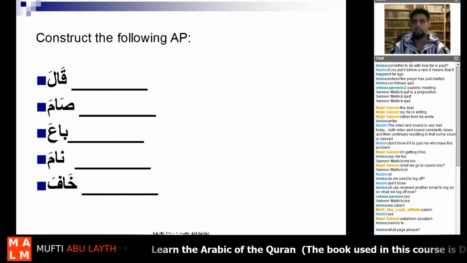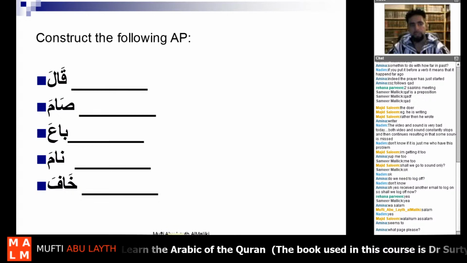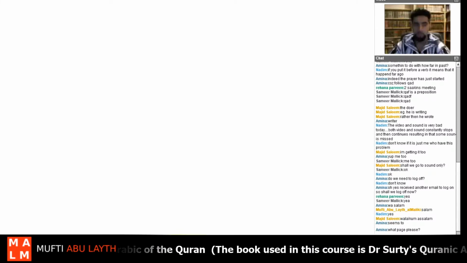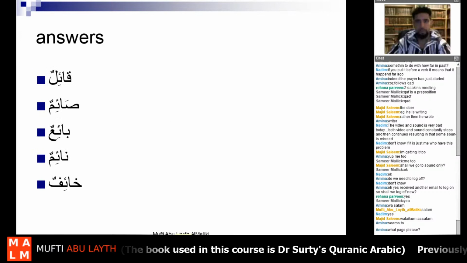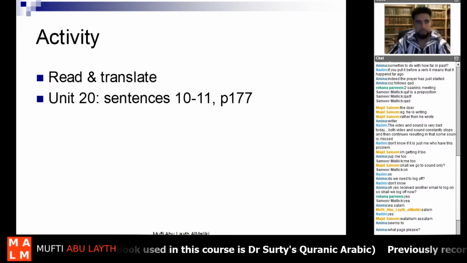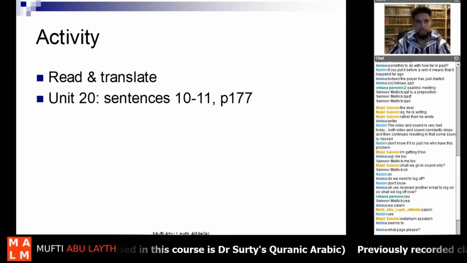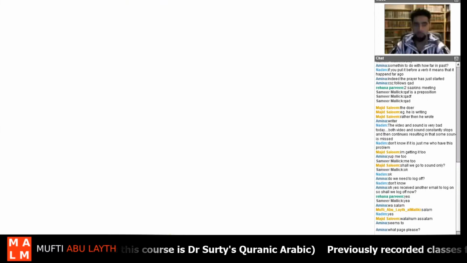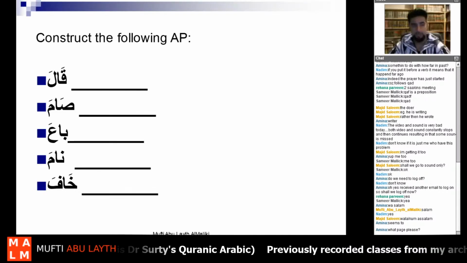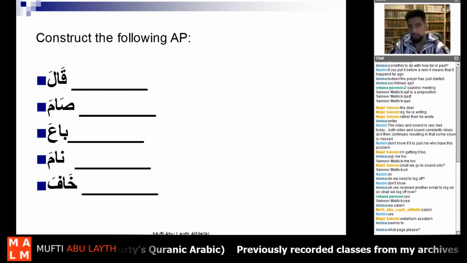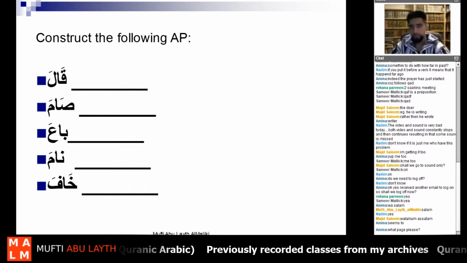Right, the active participle from Ba'a is selling or the seller. Make sense? Now we can take a very good look there: selling or the seller, the sleeper, the frightened person. These are all describing people.